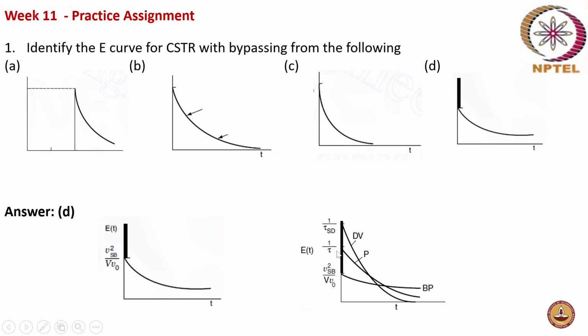For an ideal CSTR, the E curve starts at E of t equal to 1 by tau, and then there is an exponential decay.